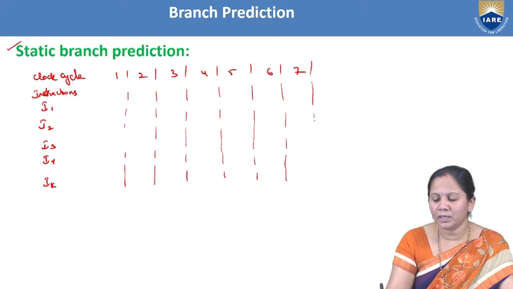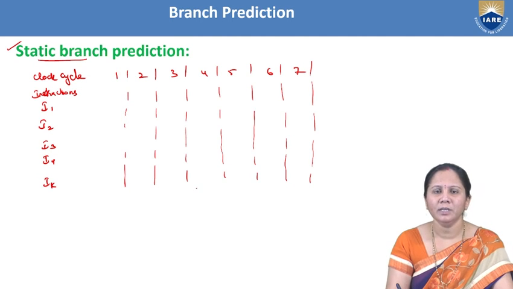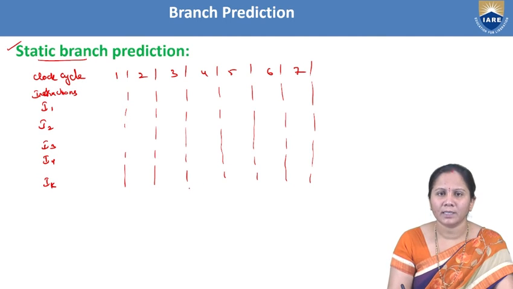We will see how the execution process occurs in static branch prediction.